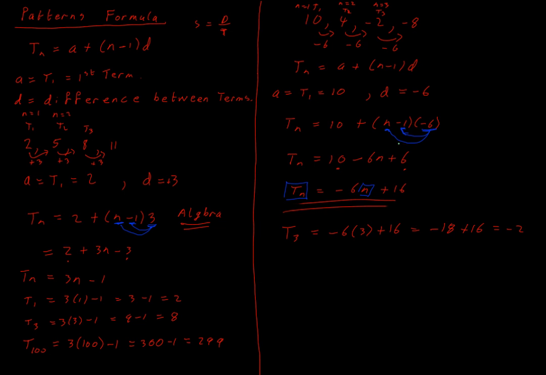So this is a big step in our mathematical work. We can put in a value for something and get out a value for something else. We can relate things together using maths. And this is really where maths starts, where we can relate different quantities together, and we can start to do really solid maths once we start understanding that. So that's what we need for our patterns formula.